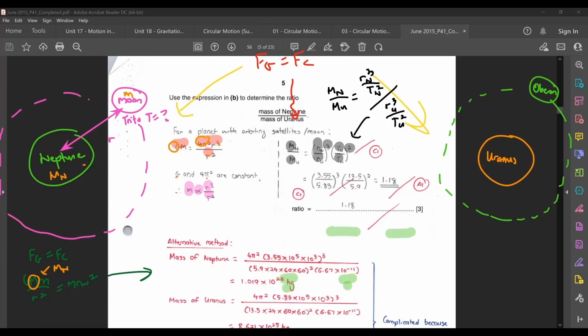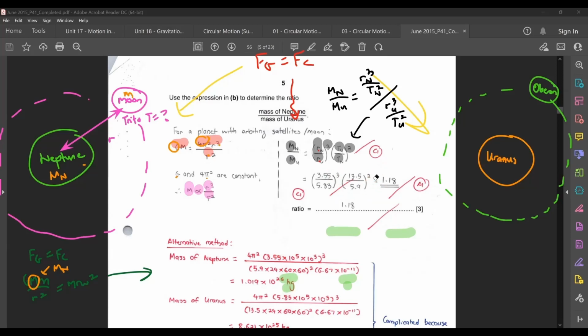So for the radius, it will be kilometer to kilometer, and for the period, it will be days to days. So the unit actually cancels off. Even if you change to meter, or change to second, they will still cancel off. So there's no need to do any conversion. You can just use the values straight, knowing that the units cancel each other off.